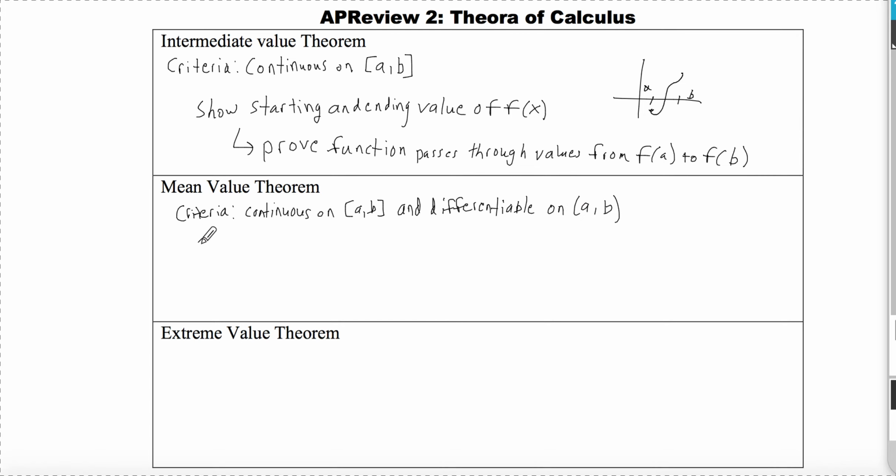What does that mean we can show? We can show then, if those things are true, that the average rate of change, and you always, for these things, will write down these average rate of change, on that interval is going to be equal to the derivative of the function somewhere on that interval.